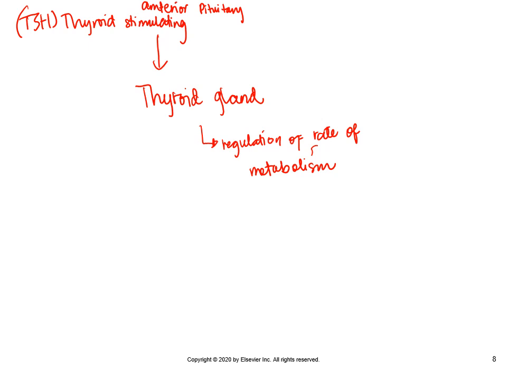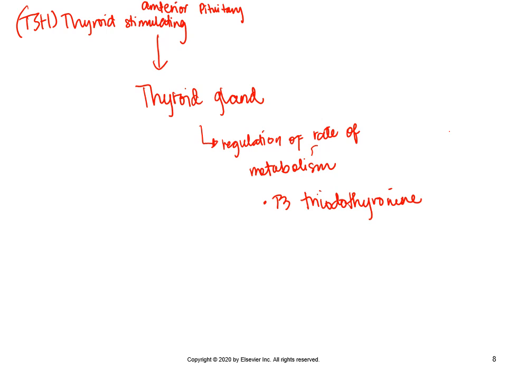That's why when you have hypothyroidism, you have a slow metabolism. When you have hyperthyroidism, you have that high or fast metabolism rate. Now from your thyroid gland, it's also responsible for T3, or the other name is triiodothyronine.